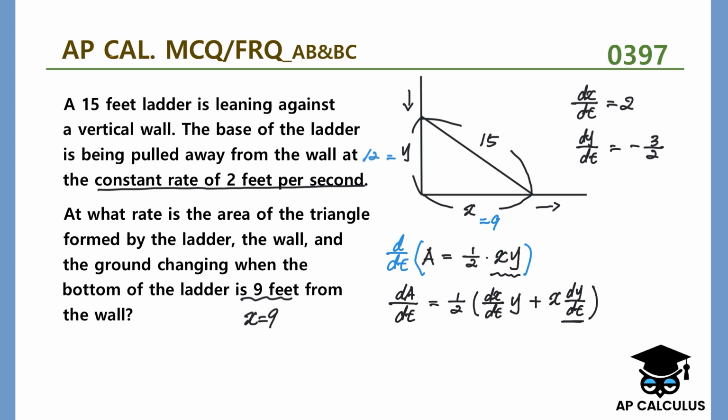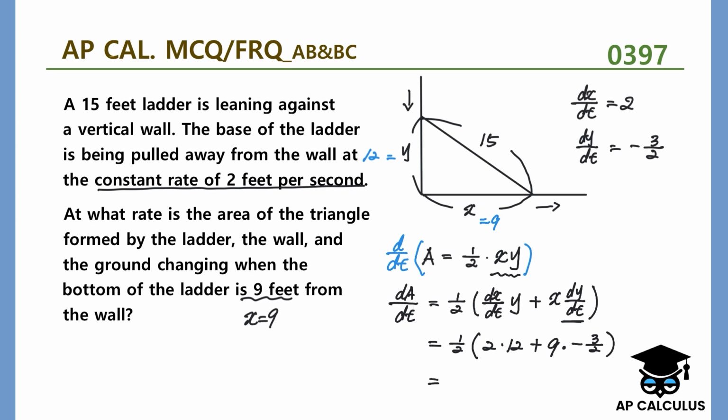So we're going to substitute that information. 1/2 times dx over dt, that's 2, times y, which is 12, plus x, which is 9, times dy over dt, that's negative 3 over 2. So far so good.